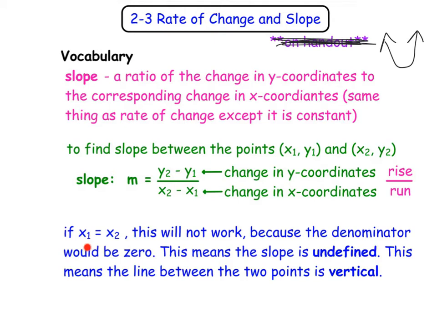Also, if x1 is equal to x2, this will not work because the denominator will be 0, and we cannot divide by 0. So if you ever have the x values the same, I don't really care what's in the numerator, but if the denominator is 0, that means the slope is undefined, which means the line is vertical. Because you'll have something like (1, 2) and then (1, 4).